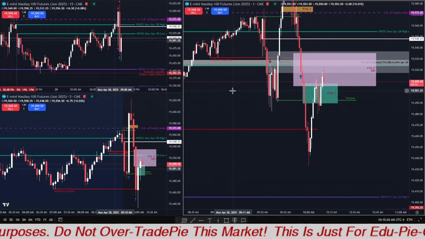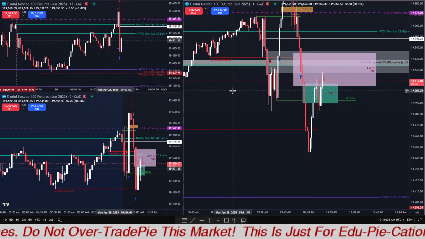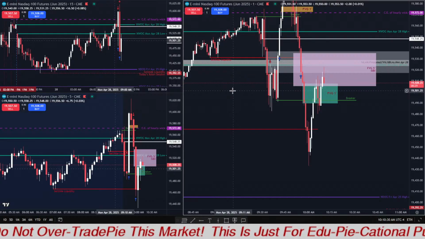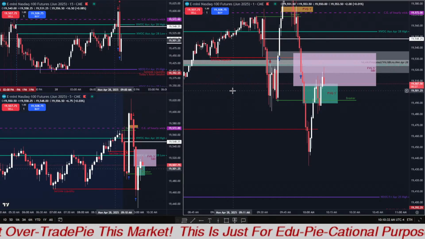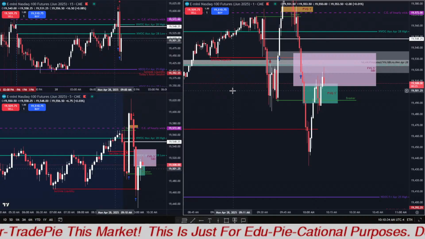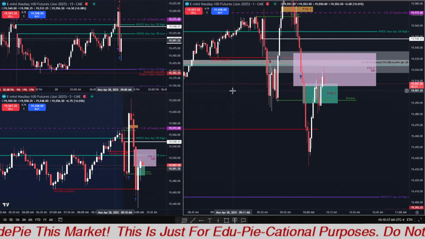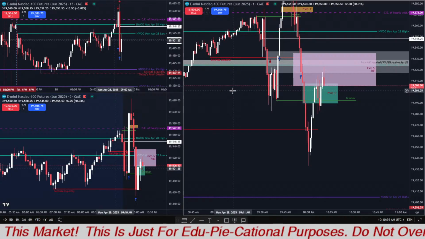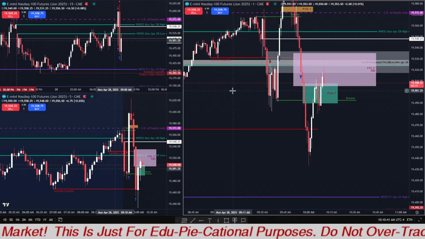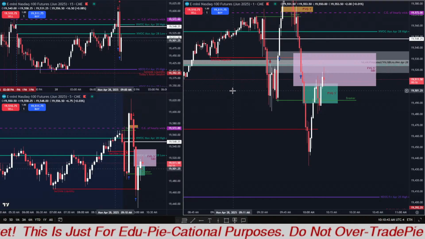We kind of failed to touch the low of the new week opening gap for today, this week. Getting back into the fair value gap in 1 minute.